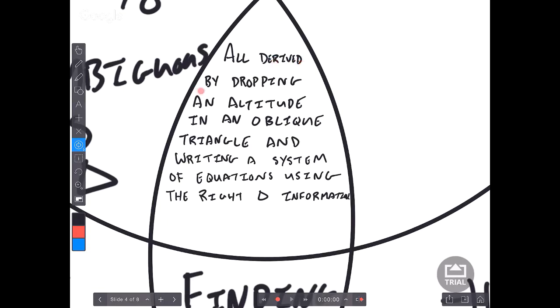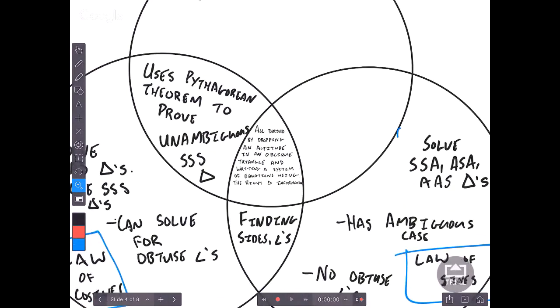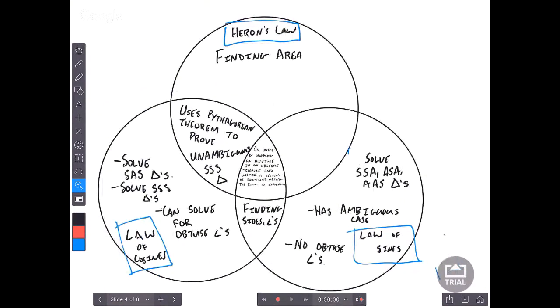We dropped an altitude, drew the altitude in an oblique triangle, and wrote a system of equations using right triangle information, be it the Pythagorean theorem or sine or cosine. This is what brought together all of these situations. So that's one way you could do that compare and contrast work, but that's what you need to be able to speak to. You need to be able to tell me what makes them all different and what makes them the same.